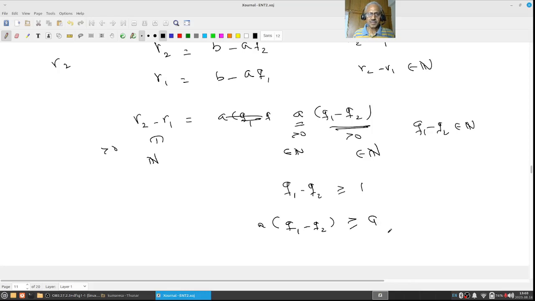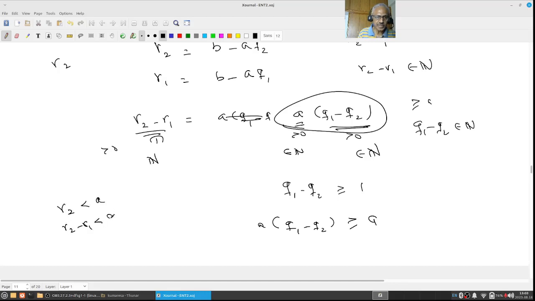So this right side is greater than or equal to A, but let's look at the left side. R2 is already less than A, and from R2 you are taking R1. R1 is greater than or equal to 0, therefore R2 minus R1 is strictly less than A. Are you following?